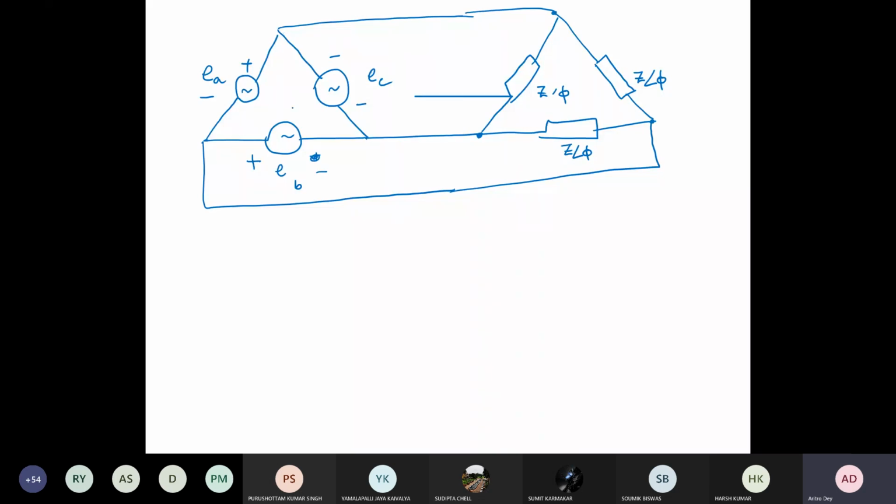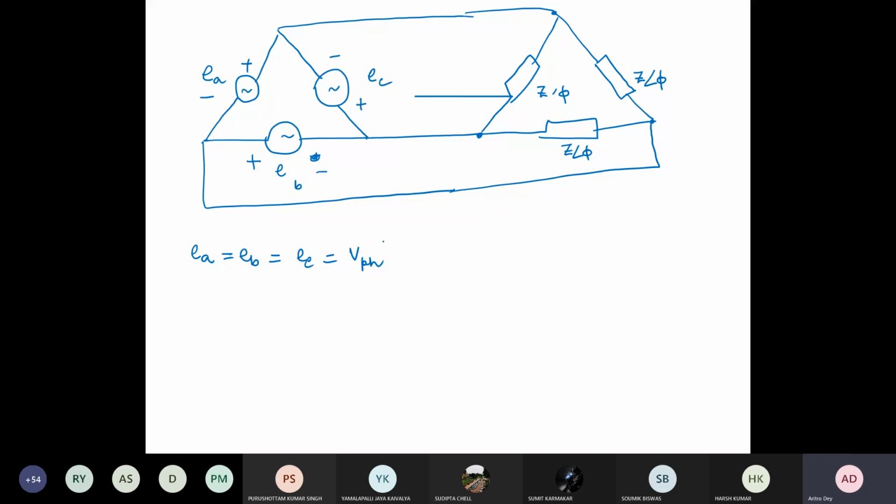The source can be star connected as well as delta connected, whatever your supply is. But if you use three loads connected as delta as shown, then we need to find out the relation between line current and phase current, and line voltage and phase voltage. Here this is your phase voltage, EA equal to EB equal to EC, magnitude V phase.